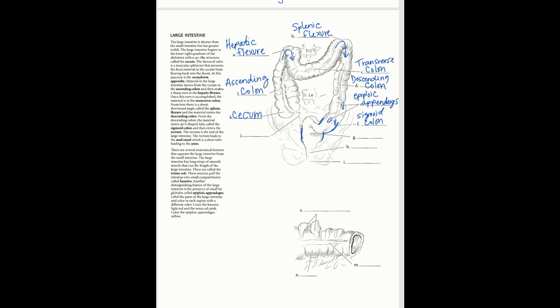Once we have reached the end here, we have our rectum, which is G. H, once we get this narrowing, is the anal canal. And then I is the anus, which is the actual opening.